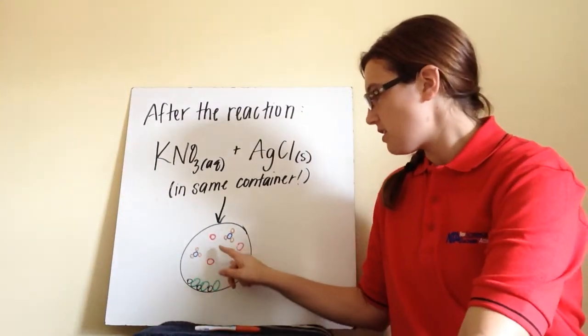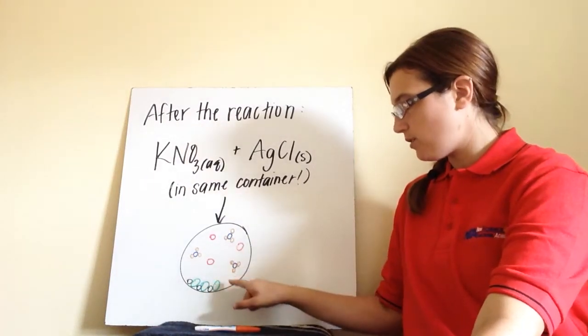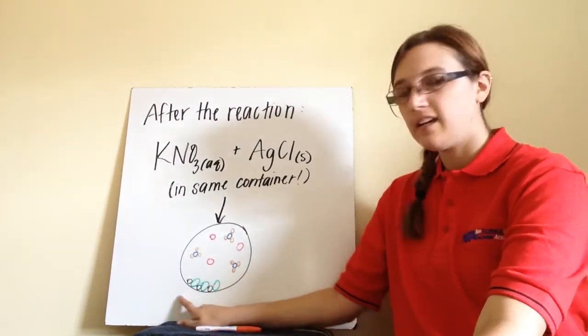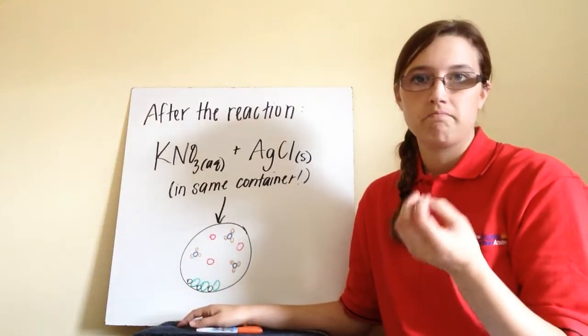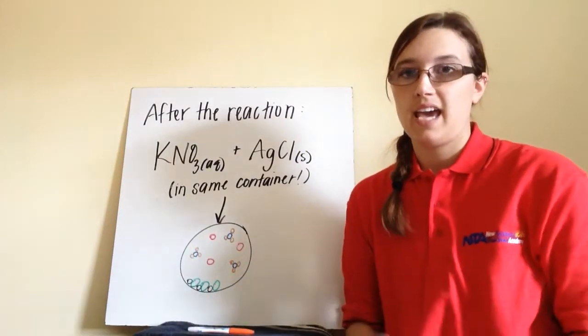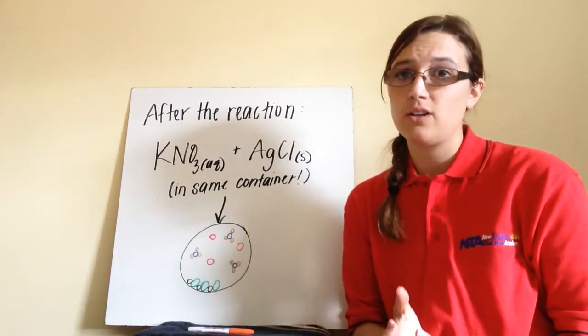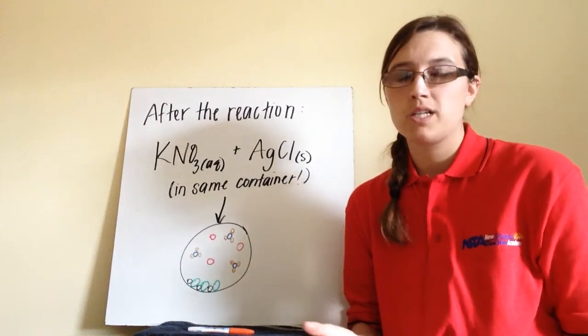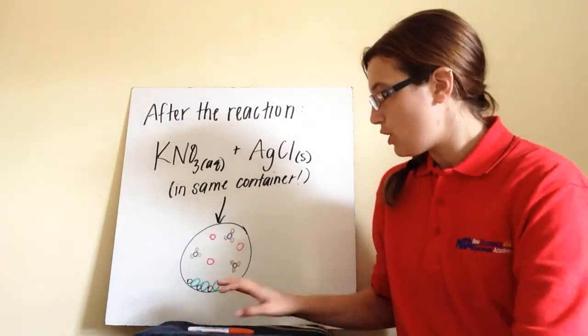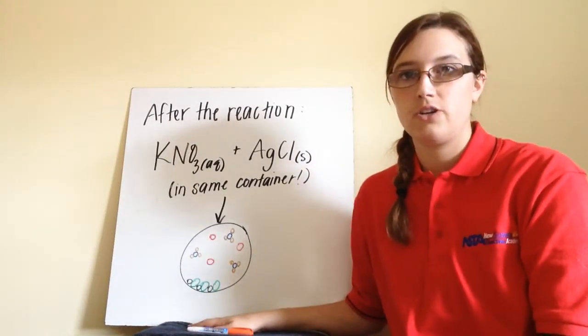Now if you take a look, I still have 3 K+, 3 NO3-, and I have 3 AgCl molecules, if you think about it. Okay? I did not gain or lose any mass. The law of conservation of mass still takes effect even when we're talking about particle diagrams. So my number of total ions didn't change.